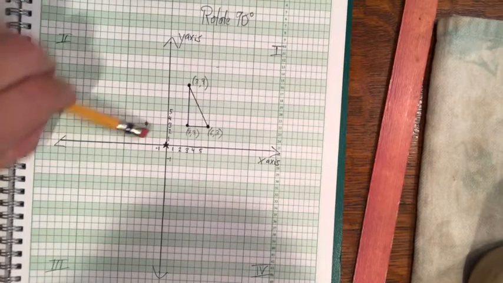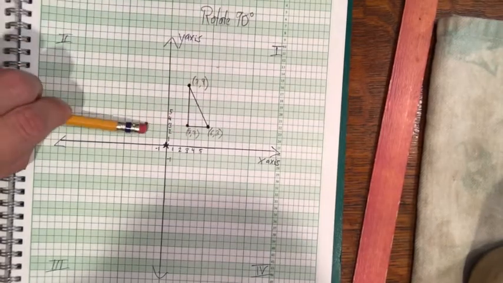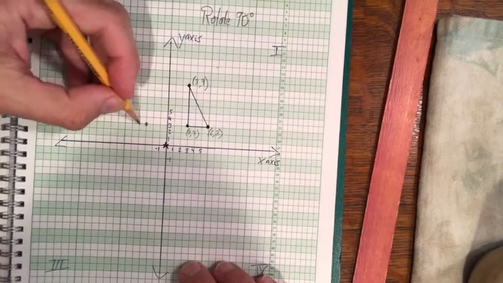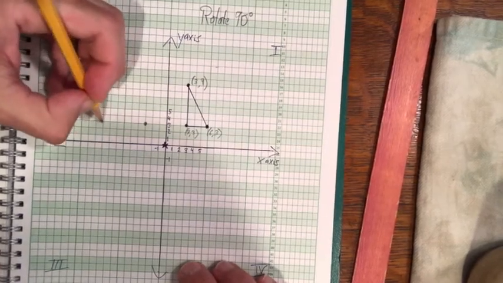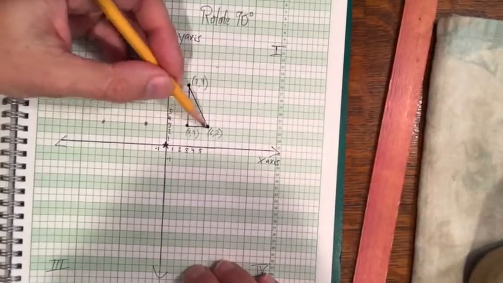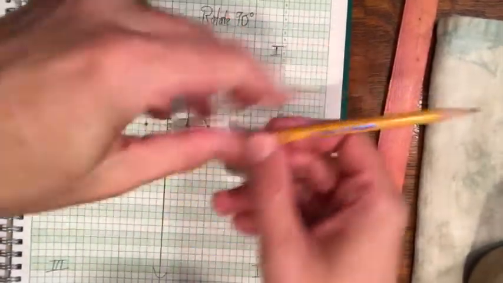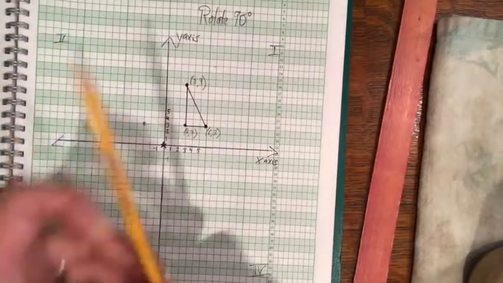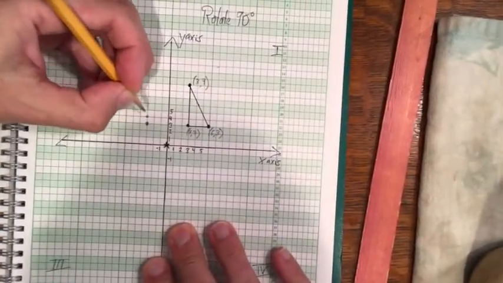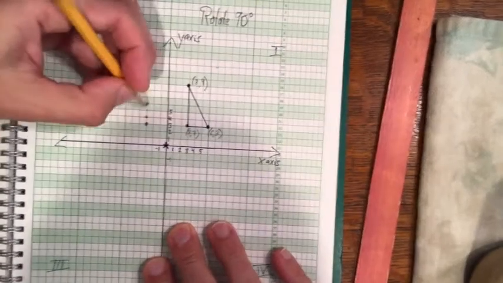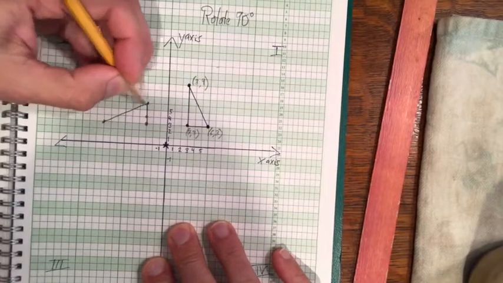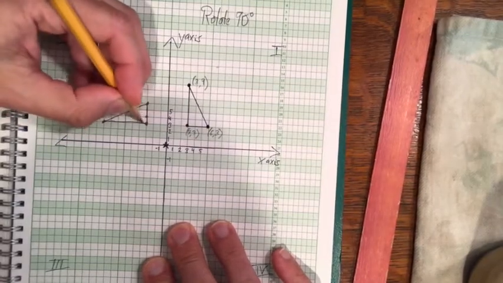So instead of being 6 blocks up, it's going to be 1, 2, 3, 4, 5, 6 blocks out. Instead of being 3 blocks flat, that 3 blocks will now go up. And can you see, 1, 2, 3. Can you see that we've got the same shape, and I'm not even going to label all the coordinates because it's not important right this second.